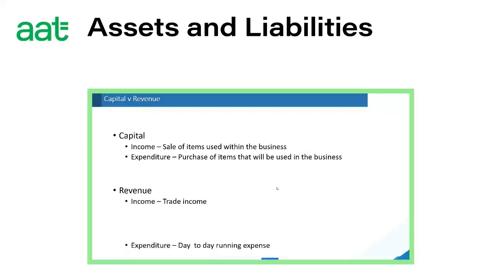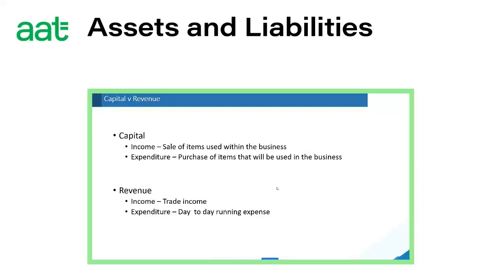Whatever your trade is, that is where your income comes from. Revenue expenditure then is day-to-day running expenses. Okay, so everything that we need to be able to run a business. And I don't mean that you have to spend it every day. I mean that it is just an expense to the business. So wages, light, heat, rent, insurance, motor expenses, and so on.